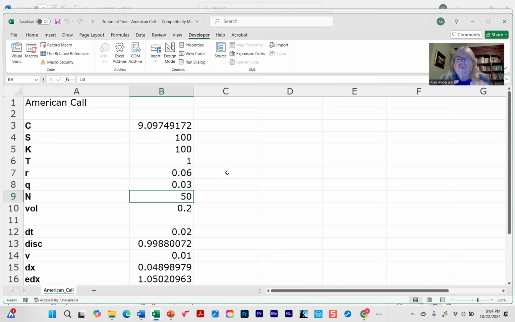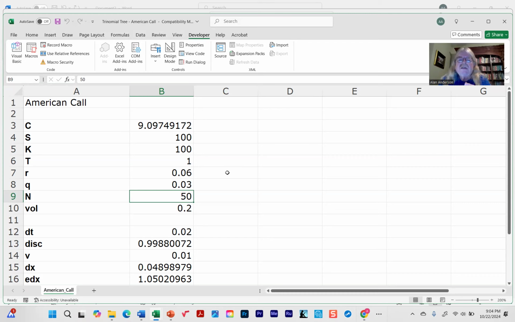Now, for a model like this, 3 time steps is great for illustrating how it works, but it's not something you would normally see in practice. 50 time steps isn't a whole lot of time steps, and it leaves a lot of potential inaccuracy in our model. So you normally run it with a lot more time steps, depending on how much computing power you have.